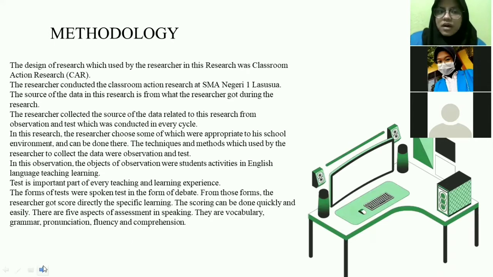The form of the test was a spoken test in the form of debate. From those forms, the researcher scored directly the specific learning. The scoring can be done quickly and easily. There are 5 aspects of assessment in speaking: vocabulary, grammar, pronunciation, fluency, and comprehension.